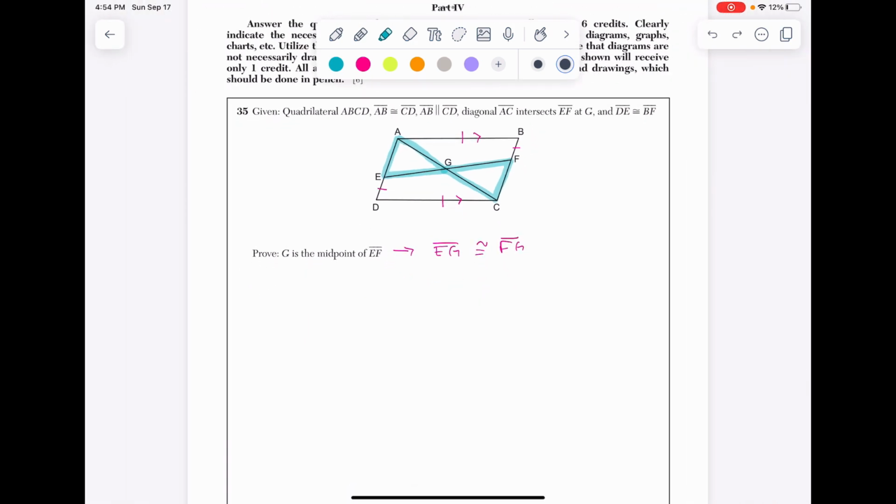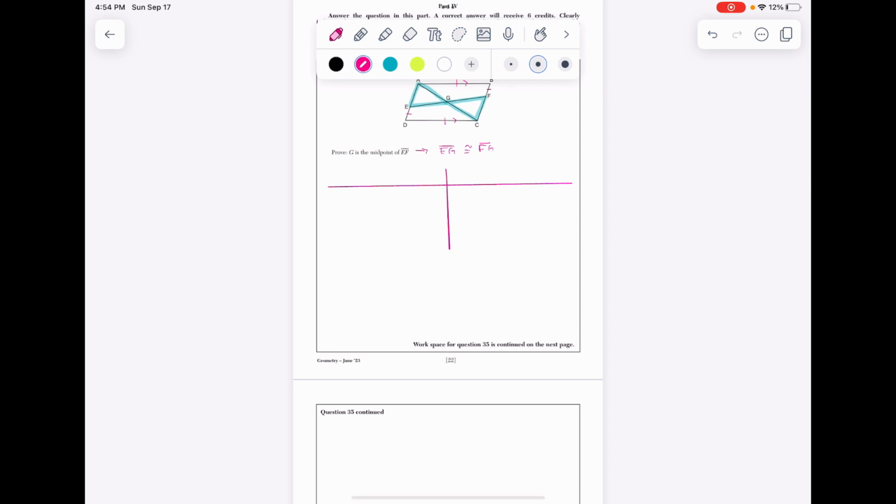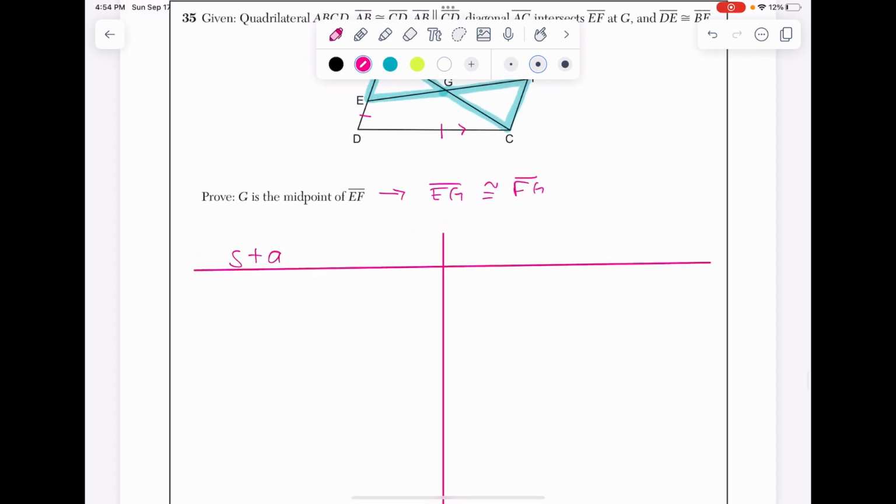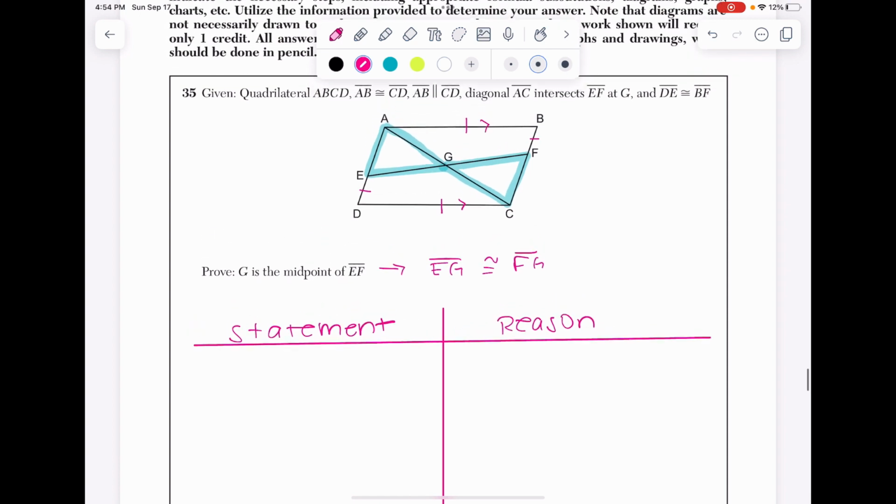Okay, so I'm going to make two columns. And one is going to be called statement, and one is going to be called reason. All right, the first thing we're going to do is write all of the given statements. We're going to make sure we don't accidentally leave one off. I choose to write them all in one step.